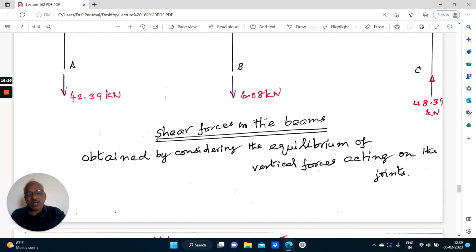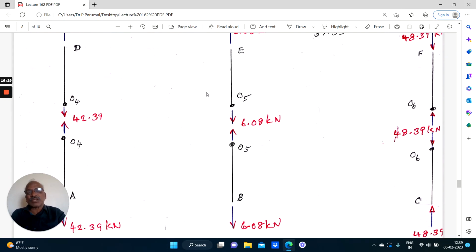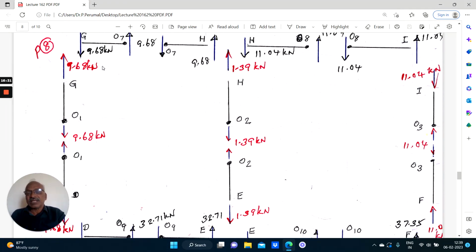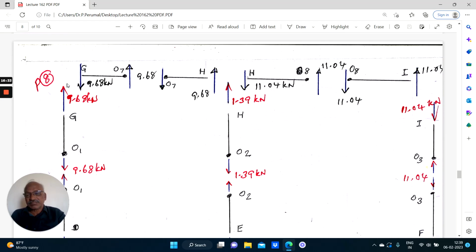Right. After this, when you refer to the book, they will say that at joint G, when this is 9.68 downwards in the column, in the beam it is 9.68 down, because everywhere you have to satisfy all the equations of equilibrium. If joint G is to be in equilibrium, it has to satisfy all the equations of equilibrium. So when this is 9.68 up, this is 9.68 down.